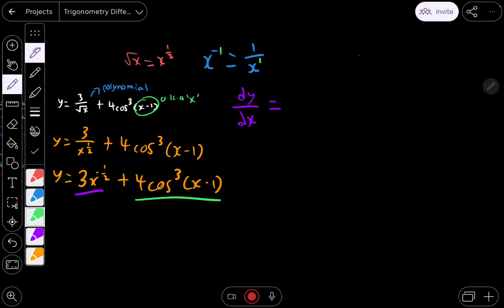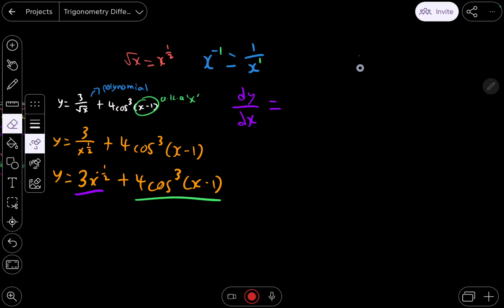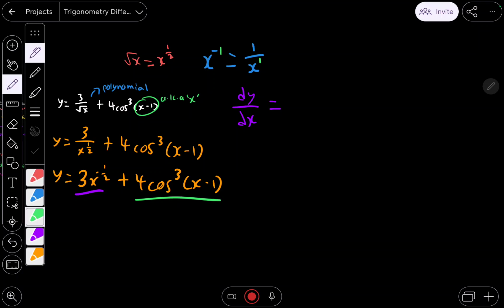So I'm going to do purple for the first term and green for the second term. Alright, so dy over dx, what would this be? This will be your basic differentiation where your power comes down and your power number minus 1. So minus half bracket 3x to the power of minus half minus 1.